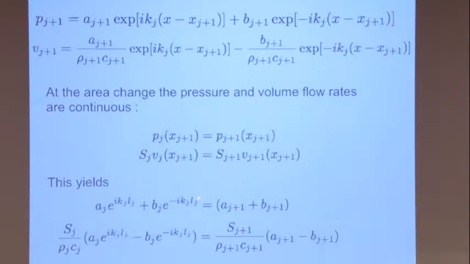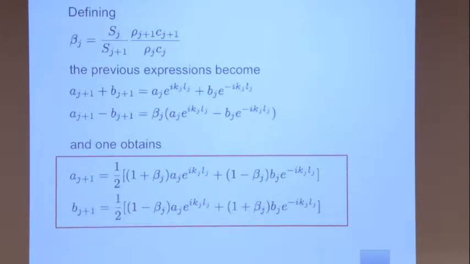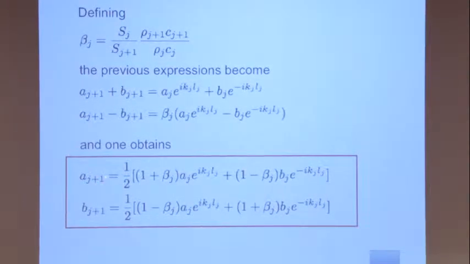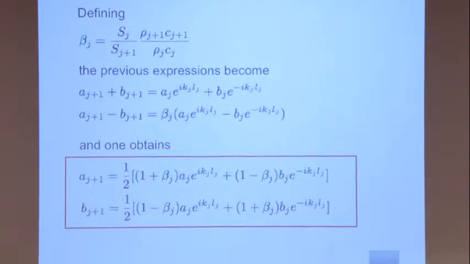And you see that this is like a matrix, so you can extract A j plus 1 and B j plus 1 from these two expressions here. It takes the form of a matrix, and you see these are the expressions of A j plus 1 and B j plus 1.